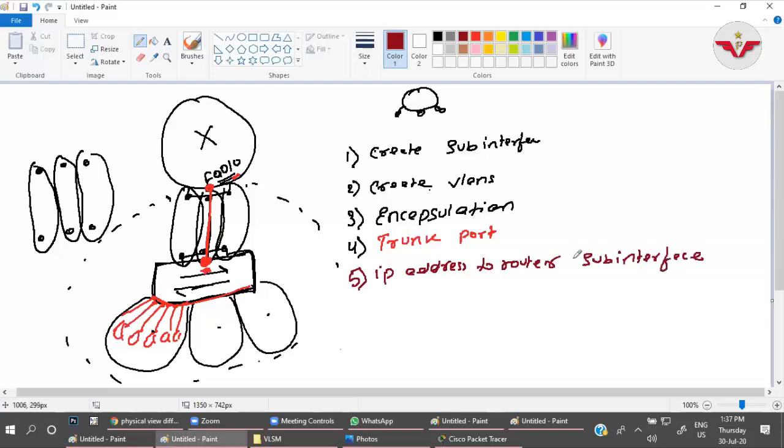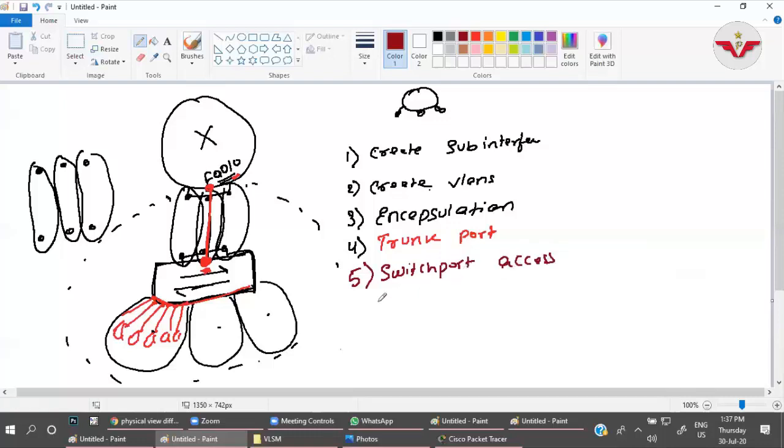After the trunk port, one step is missing here: switch port access.